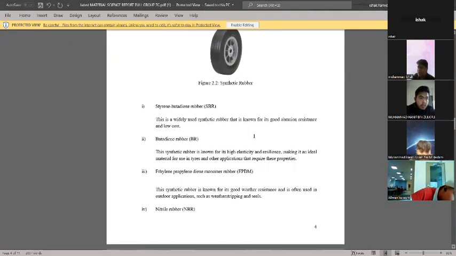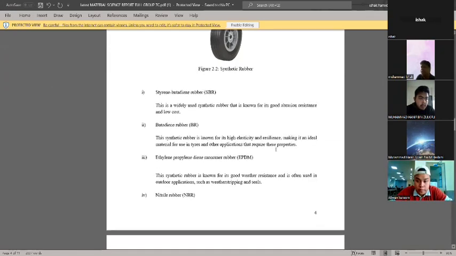This synthetic rubber is known for its high elasticity and resilience. It is commonly used in the production of tires, and is good for its elasticity and low temperature properties.